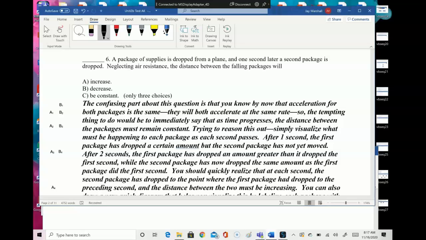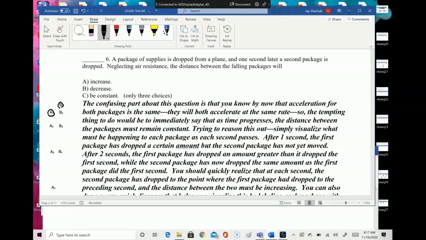You're going to say, well, Marshall, you told us that things fall at the same rate, so there's not going to be any increase in distance between the packages. Okay? But think about it. If I drop the first package, and one second later, I drop the second package, the first package is going to be here.